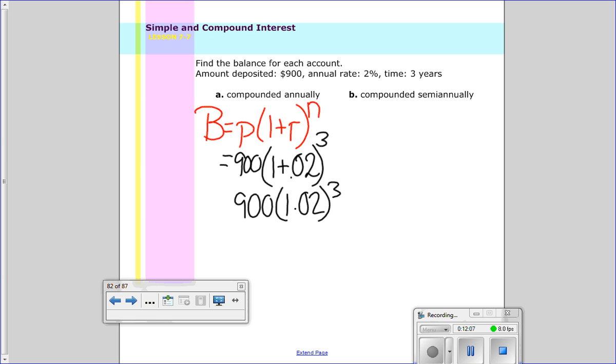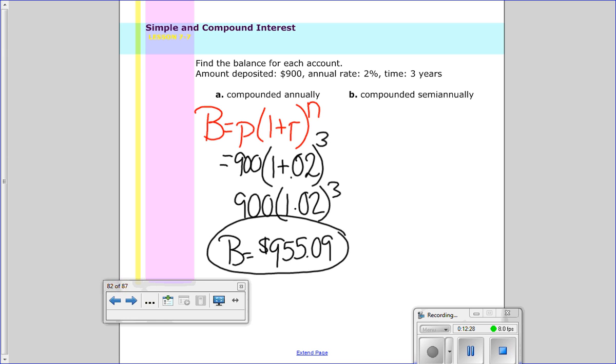Now I have it. All right, so then I go ahead and start doing this. 1 and 200ths to the 3rd power. Times that answer right away by 900, and I find out my balance is equal to $955.09.